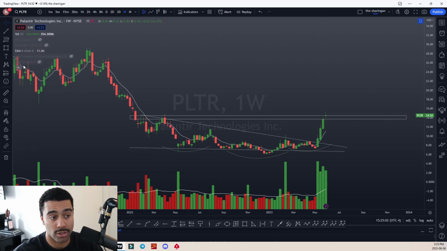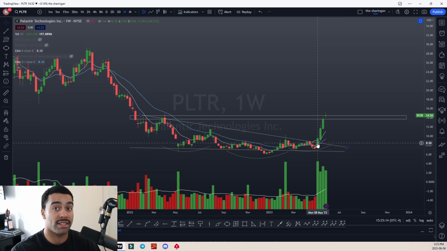We are looking at PLTR right now. Bullish cross happens right around the beginning of May. We start to see a pump to the upside slowly, 3 consecutive weeks. This is technically a candlestick pattern called the 3 white soldiers, or 3 green soldiers, whatever you want to call it.